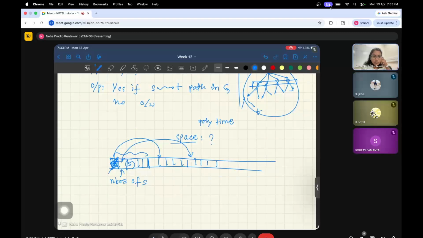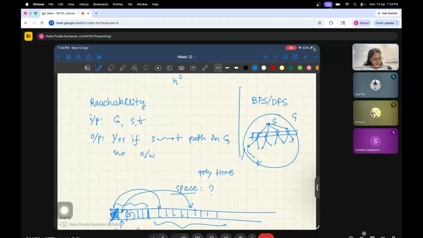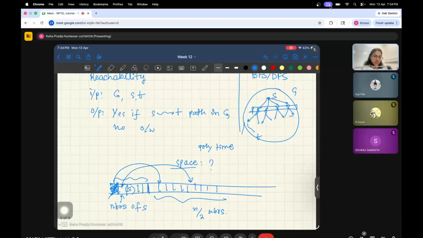At any point of time, there could be n by 2 neighbors at the same time. So it's not clear how I'll be able to reuse the space so that I maintain only order log n bits at a time.